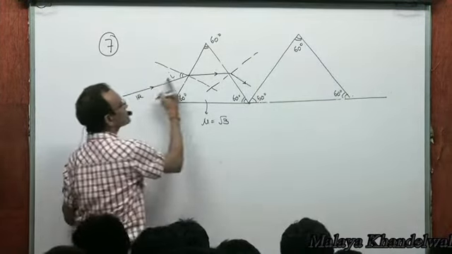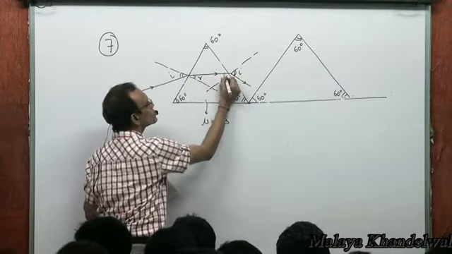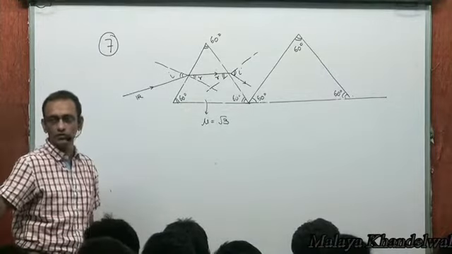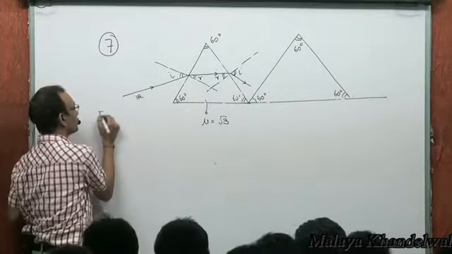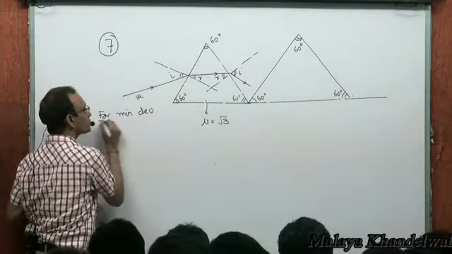That means if this is I, this must also be I. If this is R, then this must also be R. For minimum deviation, yes, I equal to I prime and R equal to R prime. Minimum deviation.